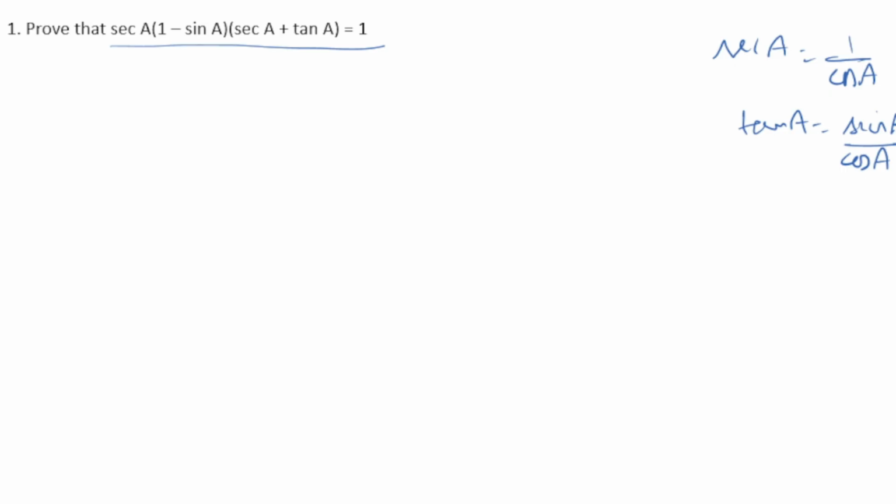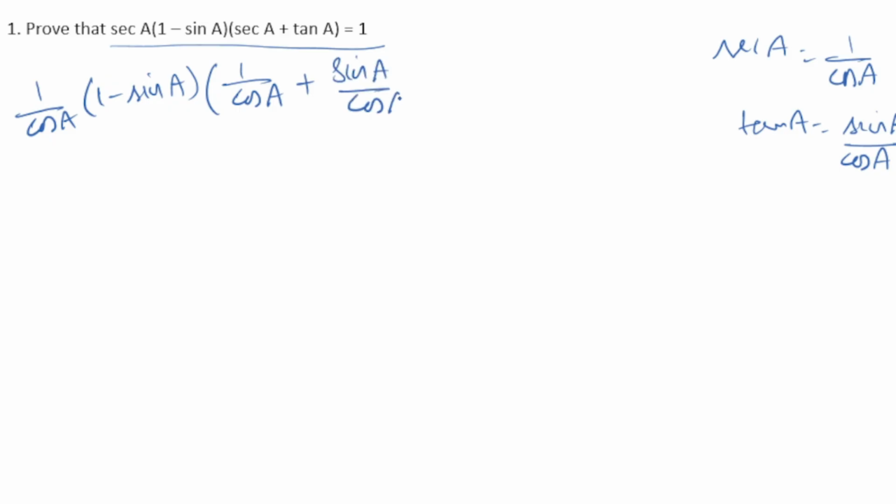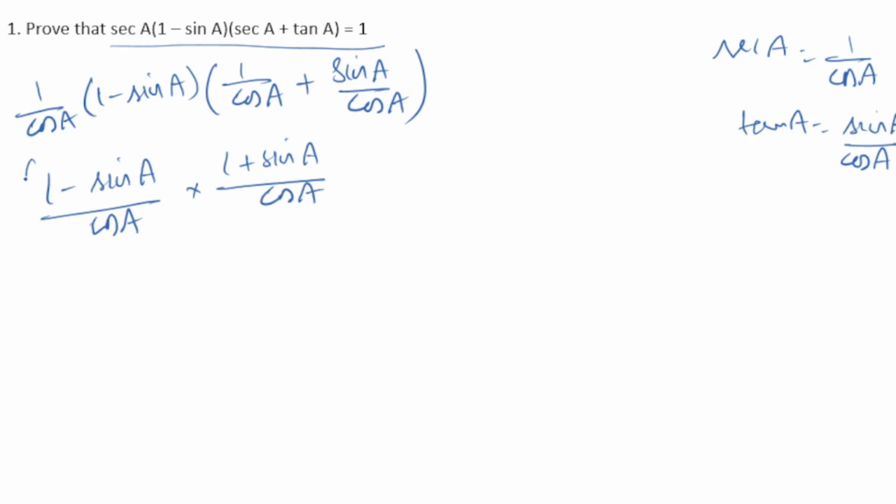We'll substitute these two in this equation. It is secant A is 1 by cos A into (1 minus sin A) into (1 by cos A plus sin A divided by cos A). Okay. It is (1 minus sin A) divided by cos A into, we'll take LCM here, (1 plus sin A) divided by cos A. So here we'll multiply two terms in the numerator.